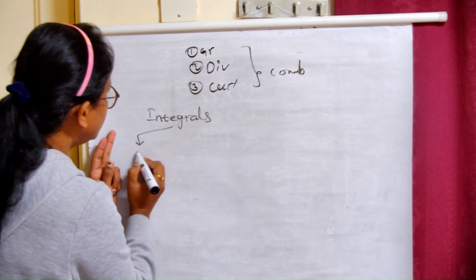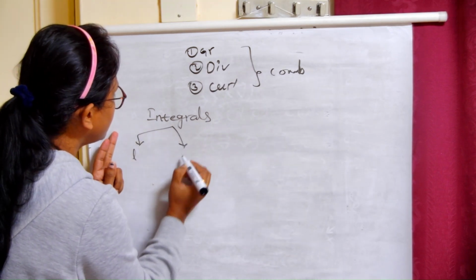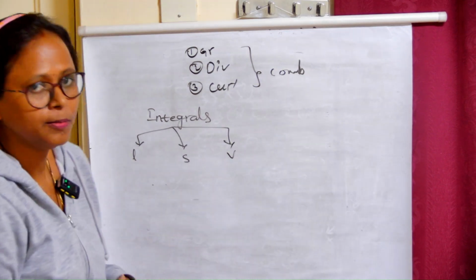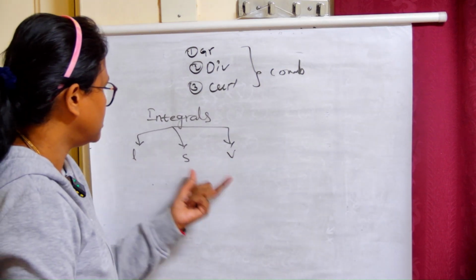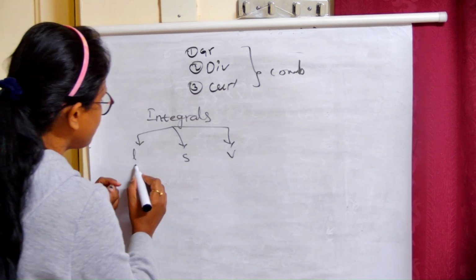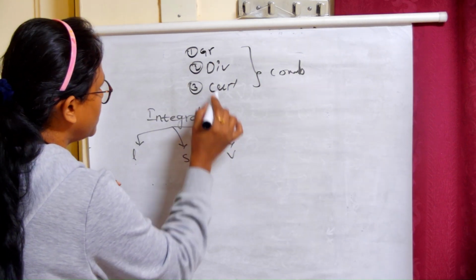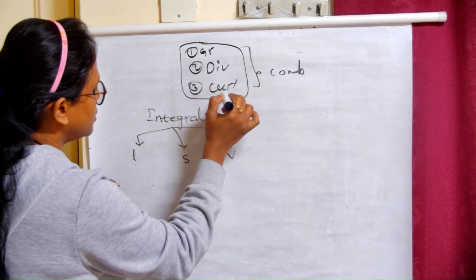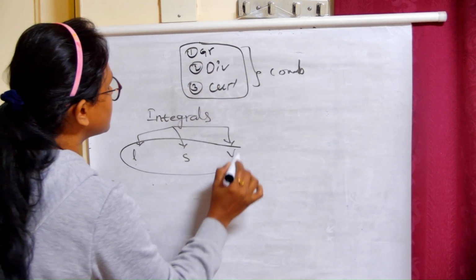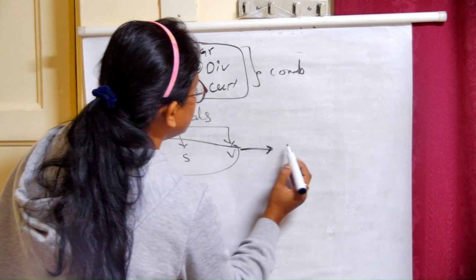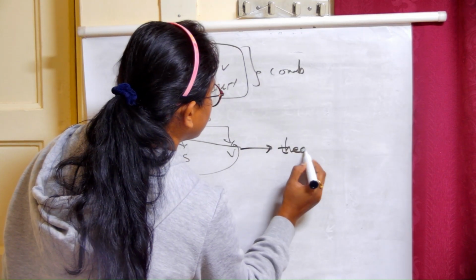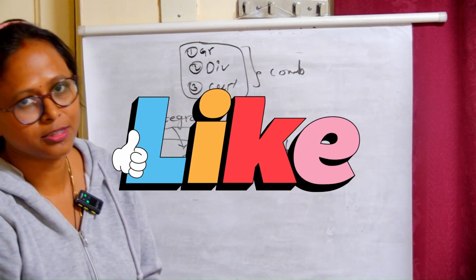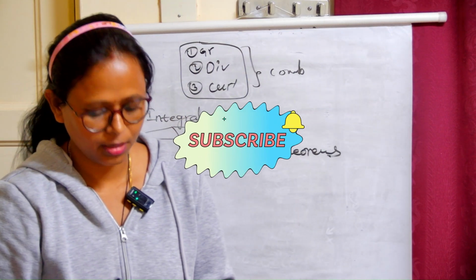These integrals will be line integral, surface integral and volume integral. And after discussing them, in combination of these three parameters, that means gradient, divergence and curl, how these integrals can be combined together to lead to the different theorems. These things we can discuss in the next session. Thank you.